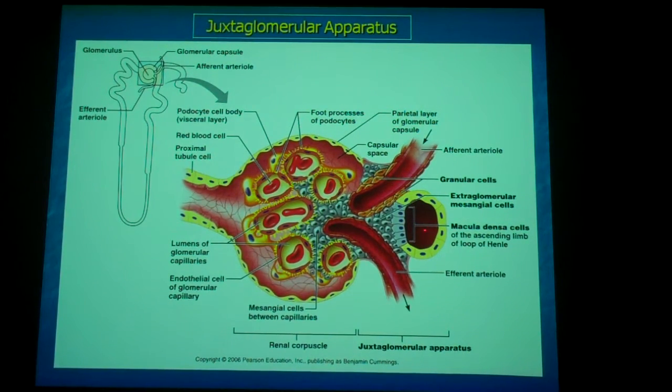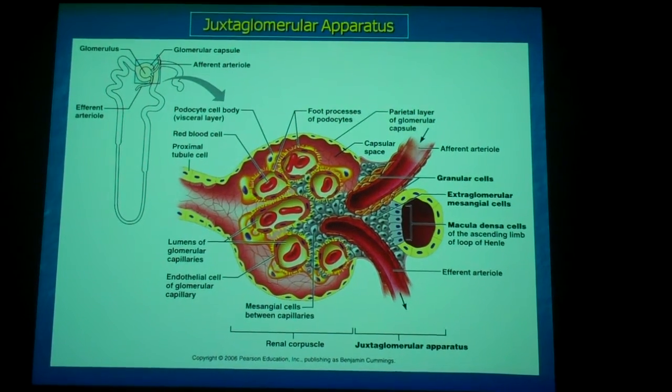So this is the distal convoluted tubule, and this is the renal corpuscle. Notice that this piece of distal convoluted tubule is snugged right up against the renal corpuscle. It's very close to the afferent arteriole and the efferent arteriole.